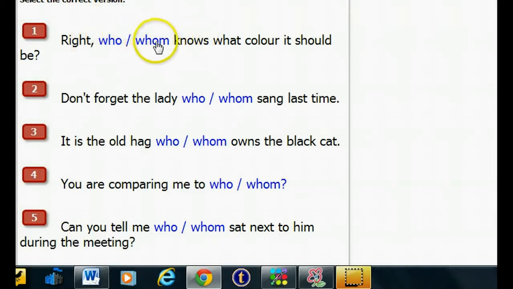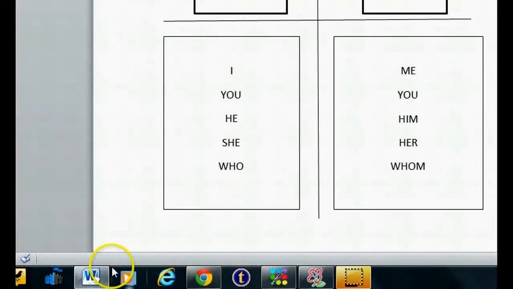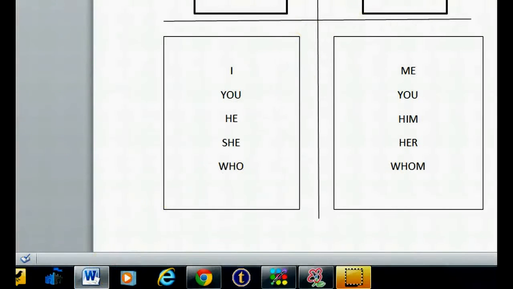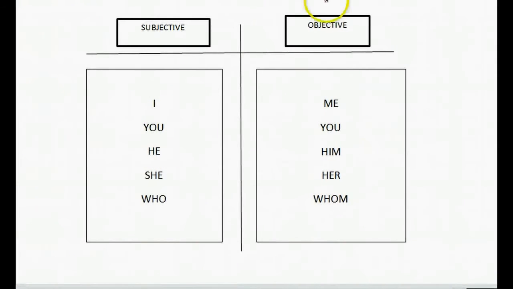Okay, if you look at this sentence, what part of the sentence is this going to be? Well, it's going to be the subject of knows. It's what knows what color it should be. So if it's the subject of this verb rather than the object of it, then you look back at your little graph here or picture and you see that as a subject, you would use who.